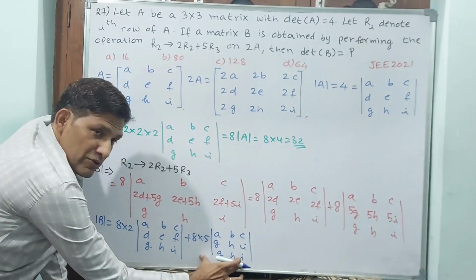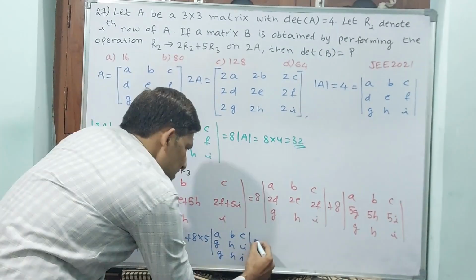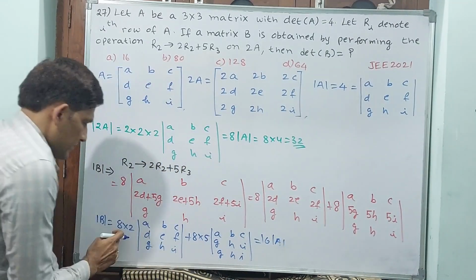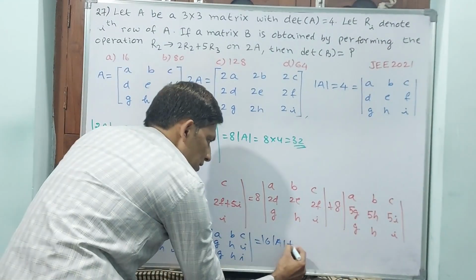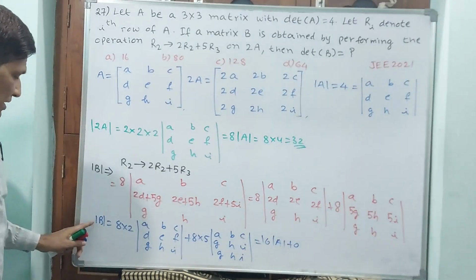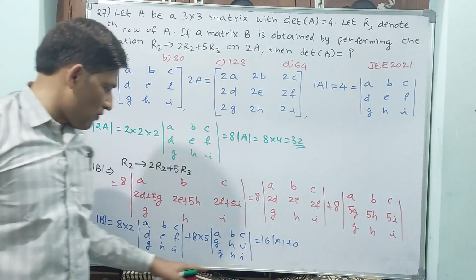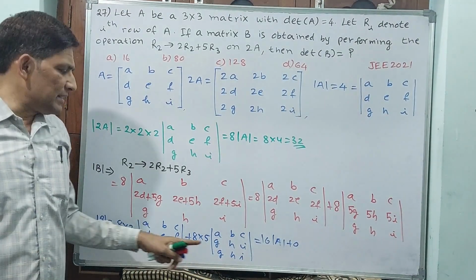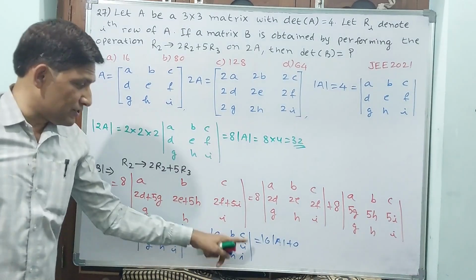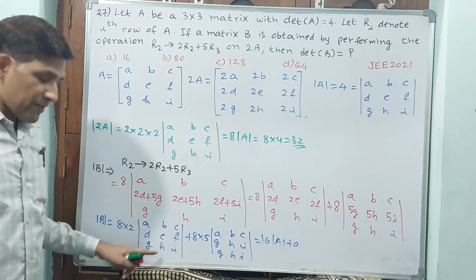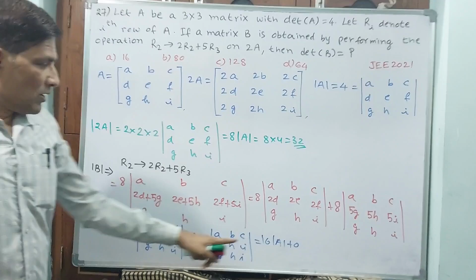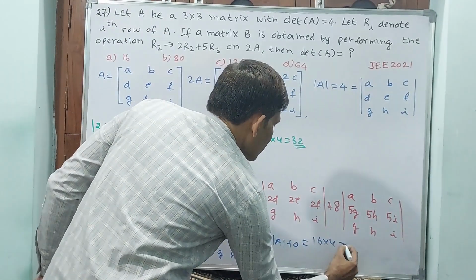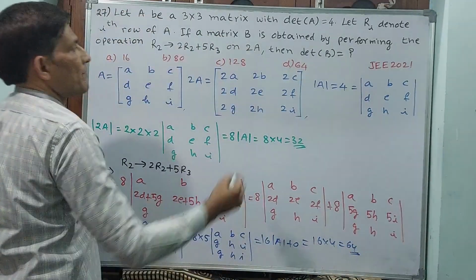That is equal to 16 into determinant A plus 0. Determinant B is equal to 16 into determinant A plus 0. Why 0? Because 2 rows are equal, and when 2 rows or 2 columns are equal, the determinant is 0. Now determinant A value you have is 4. That is equal to 16 into 4, that is equal to 64. This will be your answer.